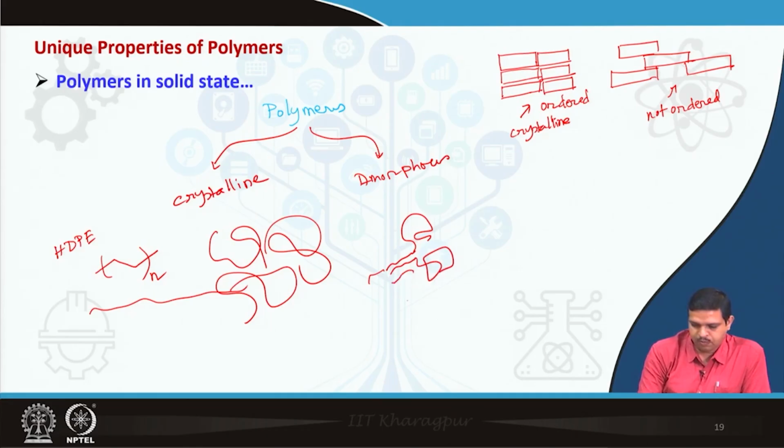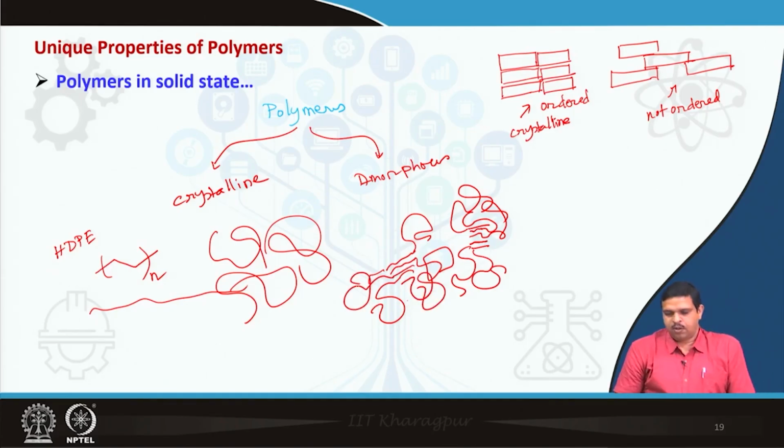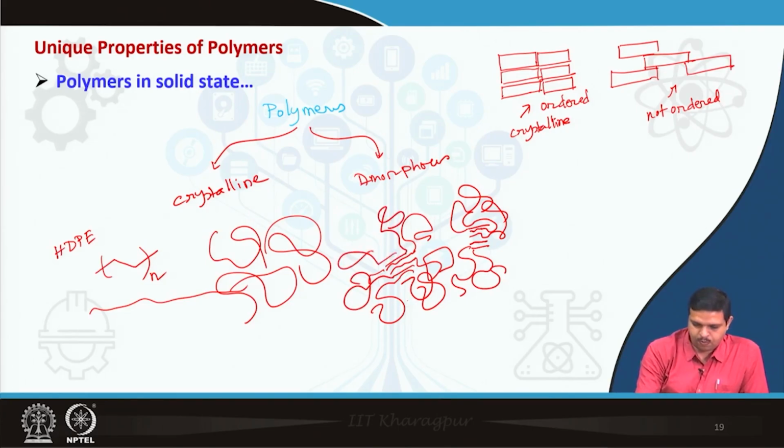So, that means this one is the crystalline domain, and this one is amorphous. So, you see that in a particular condition, the polyethylene may exist in crystalline domain or amorphous domain, and this crystallinity originates from the orderedness of the polymer chain.